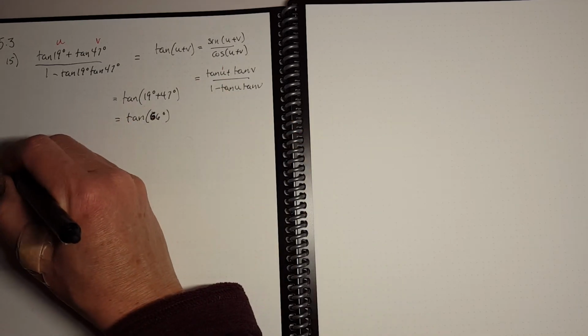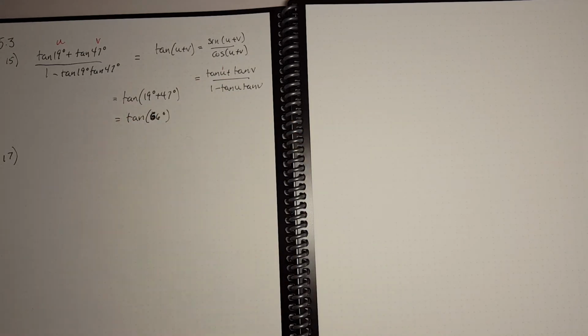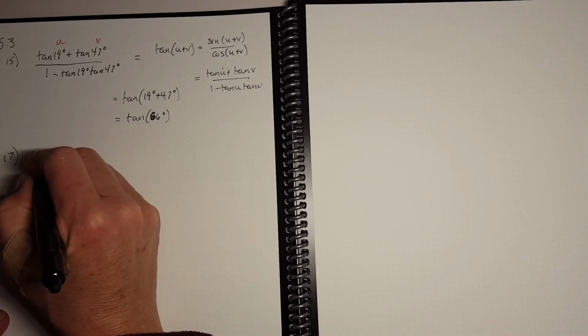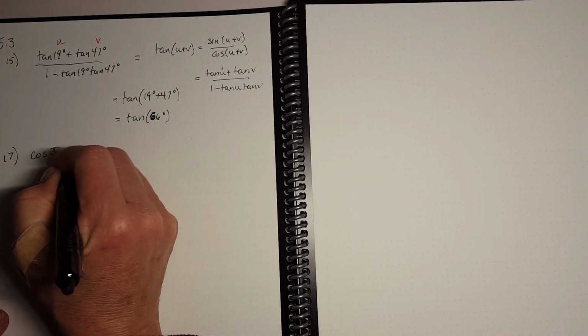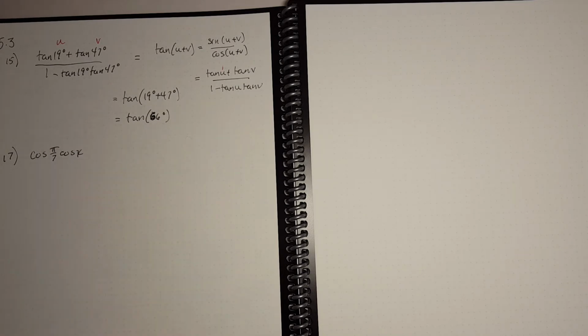Okay, number 17. We have cosine of pi over 7, cosine of x, plus sine of pi over 7, sine of x.